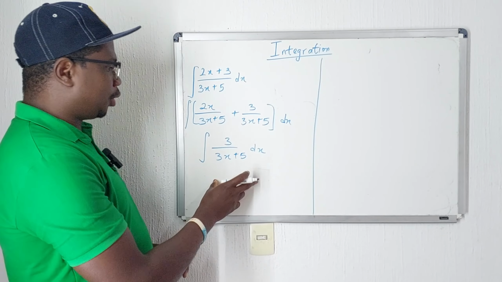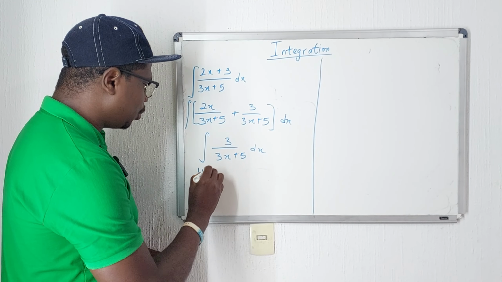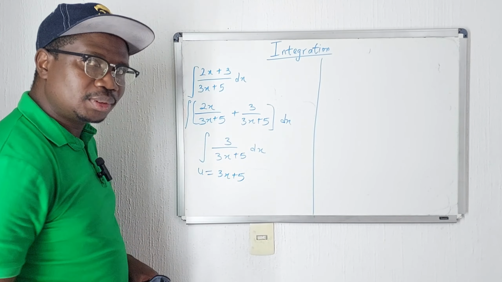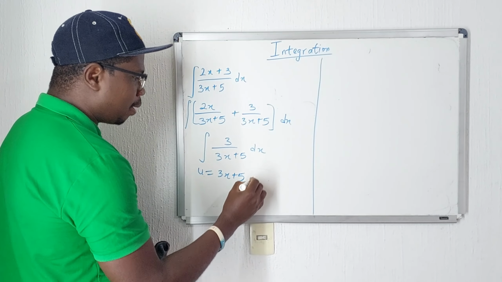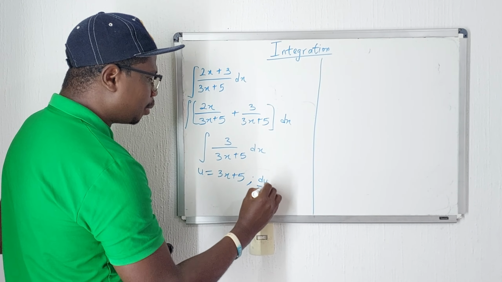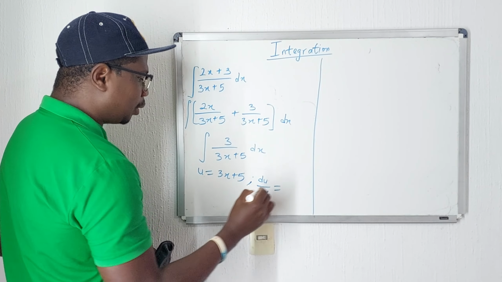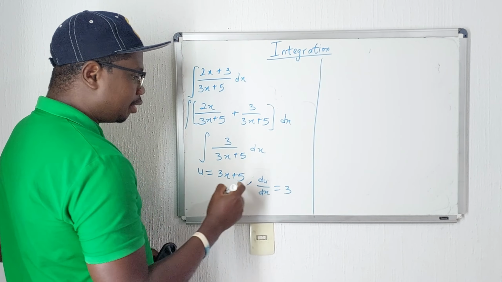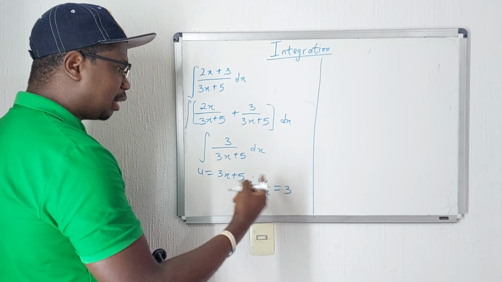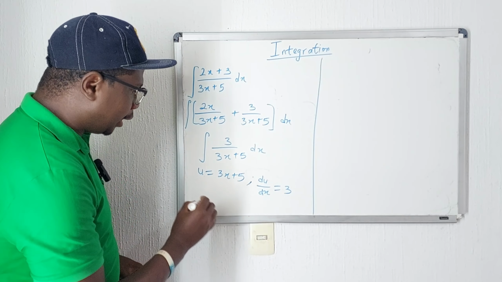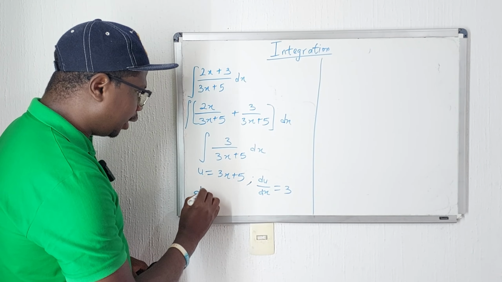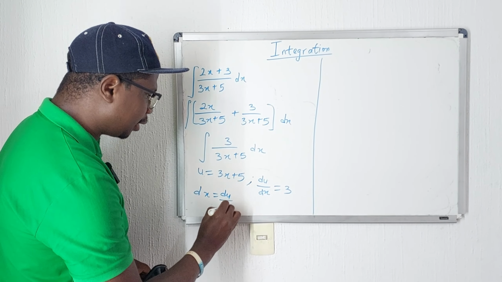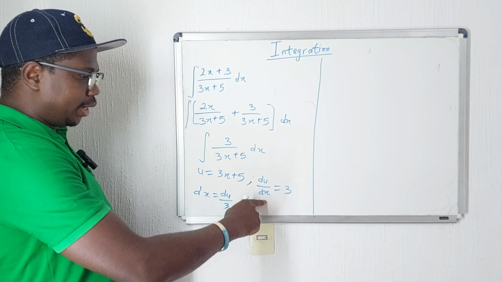Now let's use our substitution first. We can say u is what? 3x plus 5, right? The denominator here. Then du/dx is what? Differentiating 3x with respect to x is 3. Differentiating 5 is 0. Then dx is what? du over 3, making dx the subject of the formula.